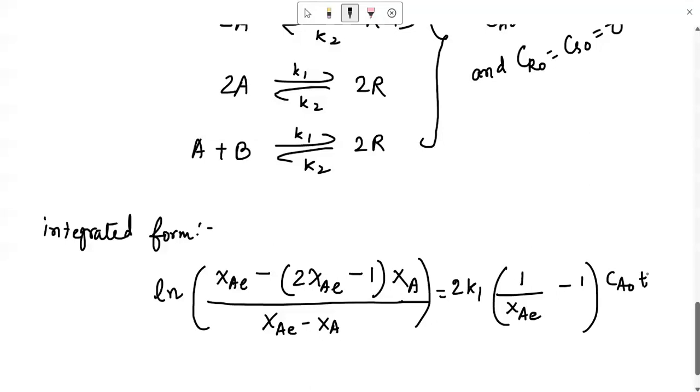Okay, this will be the integrated rate form for the second order reversible reactions.